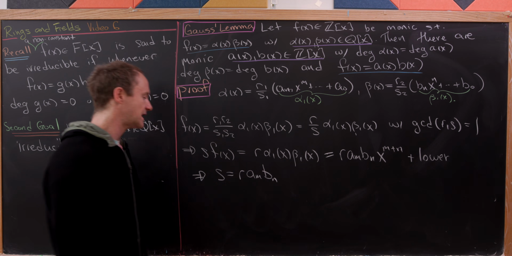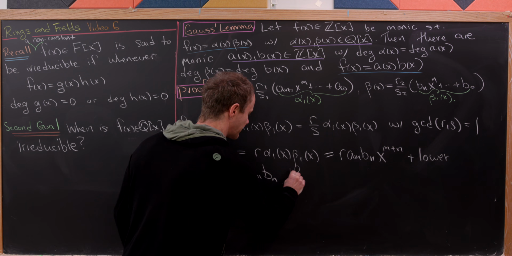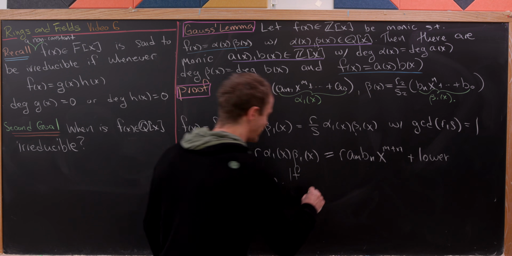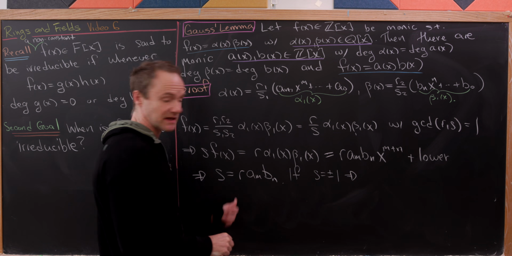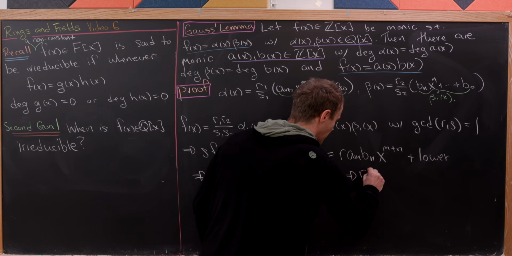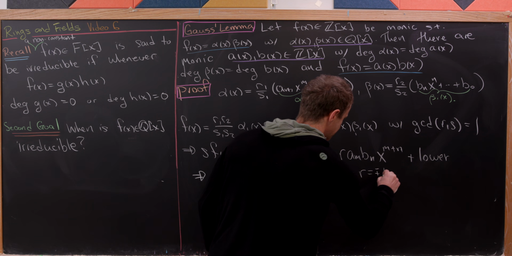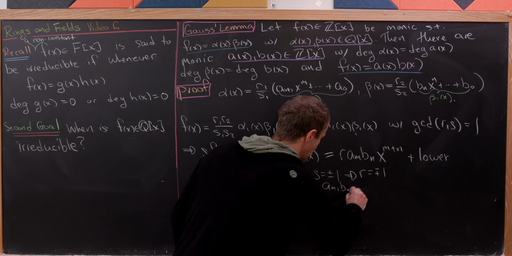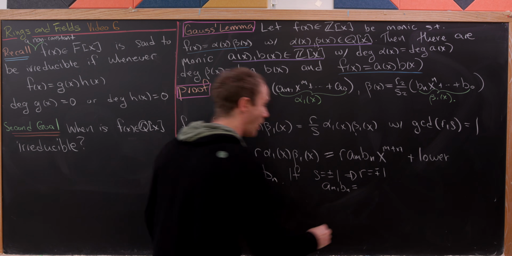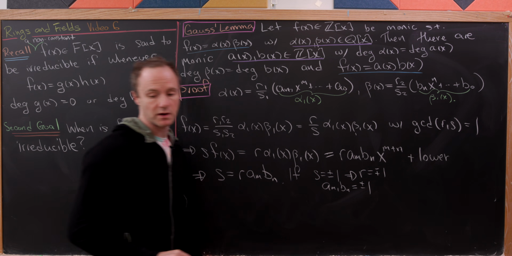Now I'm going to break this into a couple of cases. If s equals plus or minus 1, then r equals minus or plus 1, and a_m and b_n are also both plus or minus 1.